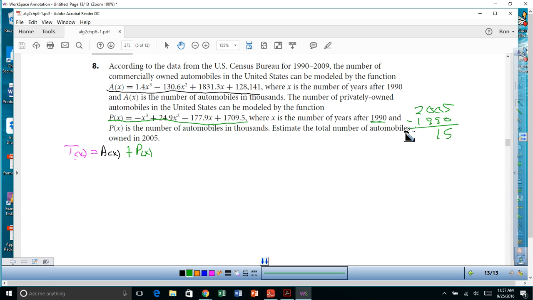So 15 years. What we need to do first, let's write the A of x, and that's going to be 1.4x cubed minus 130.6x squared plus 1,831.3x plus 128,141.